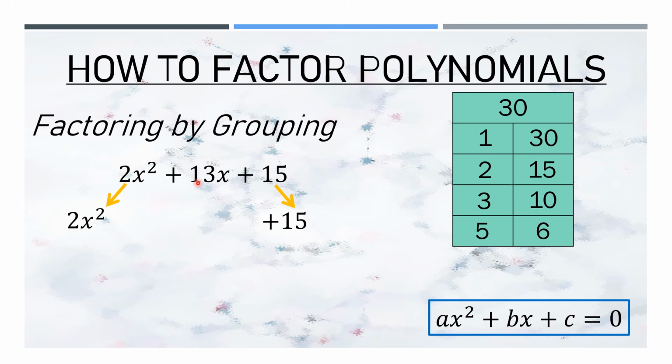Dahil dito sa given natin, lahat sila ay positive, automatic dapat ang dalawang pares dito ay parehong positive. Again, dalawang numbers na kapag minultiply ay 30 at kapag pinag-plus ay equal sa 13. So those numbers are 3 and 10. Because 3 times 10 is 30 and 3 plus 10 is 13.